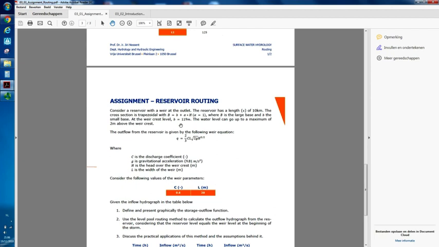At the weir crest level, so just at the small base, this small value b is equal to 190 meters. And then we also have the information that the water level can go up to a maximum of 2 meters above the weir crest. The outflow from the reservoir is given by this equation.